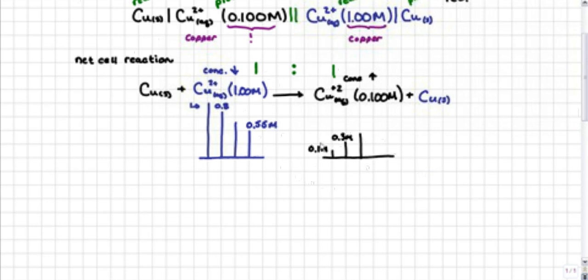The concentration of copper ions in solution on the right will be 0.55 molar. When the concentration of reactant has dropped to 0.55 and the concentration of product has increased to 0.55, the cell stops operating.